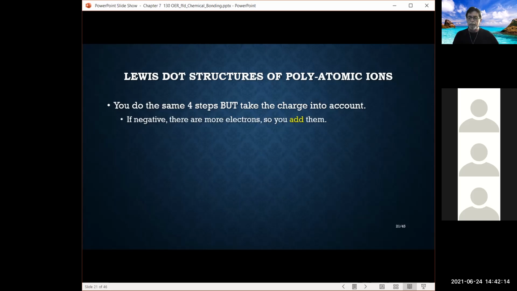Let's do an example. Well, first of all, if the polyatomic ion is negative charge, you can see from that table, the majority of them are negative. We only got one positive one. What we do, we have to add an electron or add electrons based on the charge it has. So it has a negative 1, we add 1. Negative 2, we add 2.